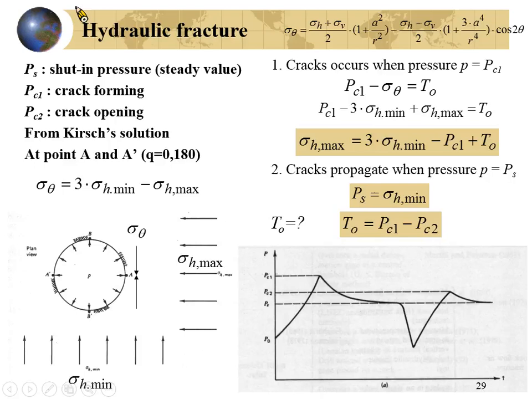You can understand this direction should be the sigma h maxima, and this will be the sigma h minima, because in this direction there will be the least resistance. Alright? Is it simple?